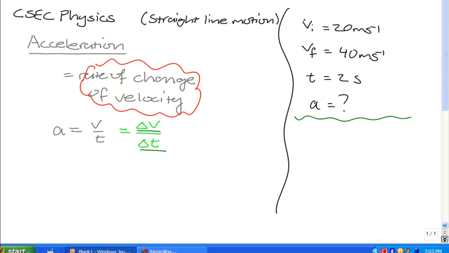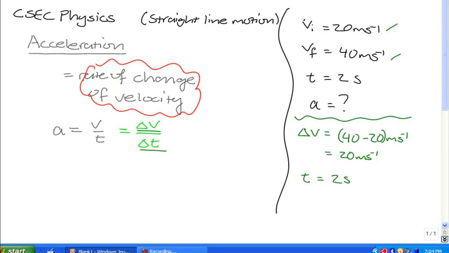Alright, so they give you that v initial is 20 meters per second, v final is 40 meters per second. So the change in velocity, delta v, is equal to 40 minus 20 meters per second, which is equal to 20 meters per second. They tell you that t, the time that it took for this to happen, is equal to 2 seconds.